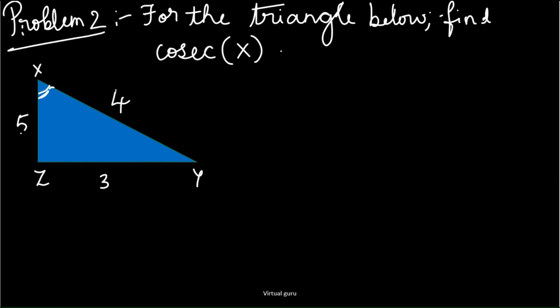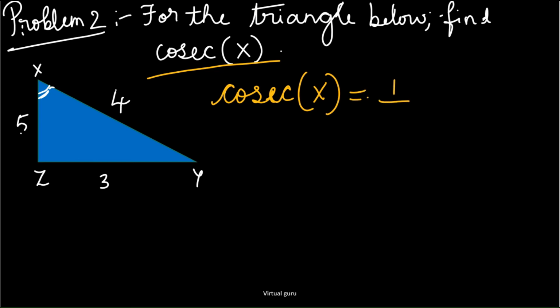Next, problem number 2. For the triangle below, we have to find the cosecant of x. So how do we do that? Cosecant, I have told you, you can just pause and try to do it on your own, then check the answer, or if you need some more practice, you can just listen to the video. Cosecant is nothing but the reciprocal of sine.